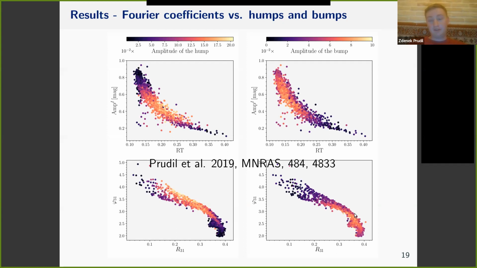For the bump prominence, both Oosterhoff groups are similarly affected. But if we look at the hump, slightly more affected are the Oosterhoff type 2 stars. But that's very negligible and probably not that significant.